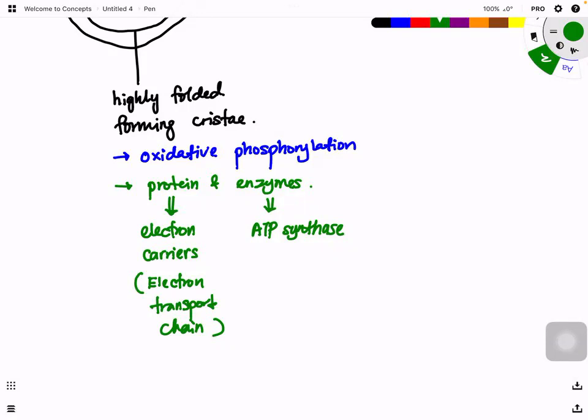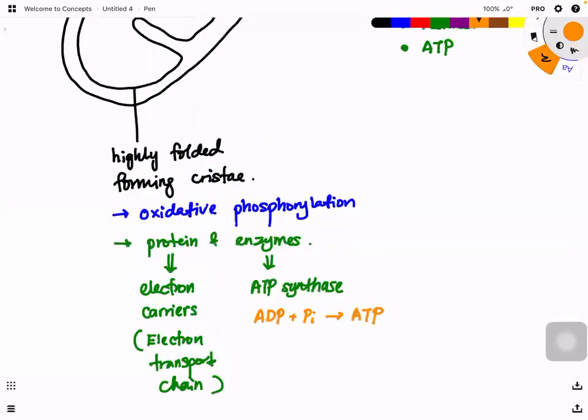We're going to learn in detail in oxidative phosphorylation why electron carriers are so important. ATP synthase, we know about this. ATP synthase is involved in the formation of ATP through oxidative phosphorylation.